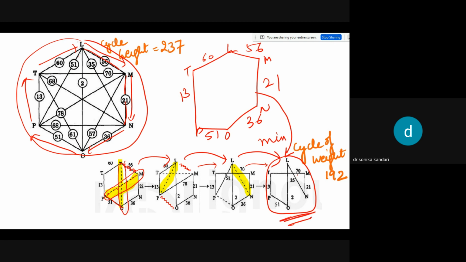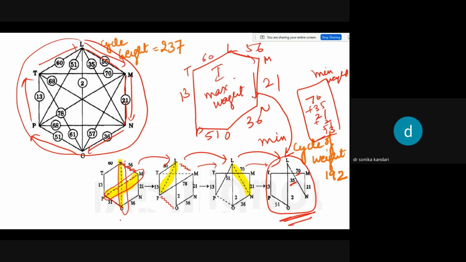And in this graph, your weight will be a total of 70 plus 35 plus 21 plus 2 plus 51 plus 31. And this is your minimum weight. The first path that we were covering had the maximum weight. With a series of modifications and selection of paths with lower weights, now you have an optimized solution. Fine. In this way, the traveling salesperson problem is solved.